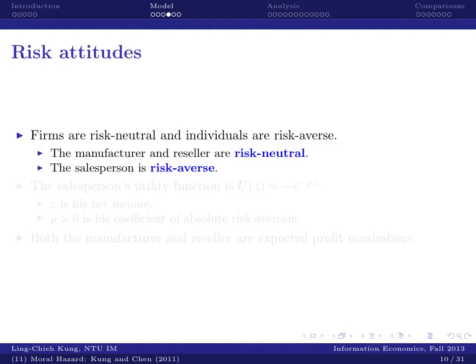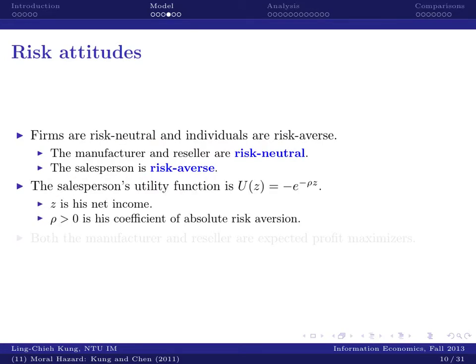So that means if you are only a single person, then you are somewhat risk averse, right? But if you are a company or a group, then typically you are more able to take risk. So that's why we assume firms are risk neutral and individuals are risk averse. So the manufacturers and the resellers are risk neutral and the salesperson is risk averse.